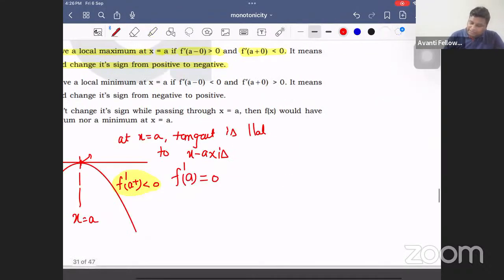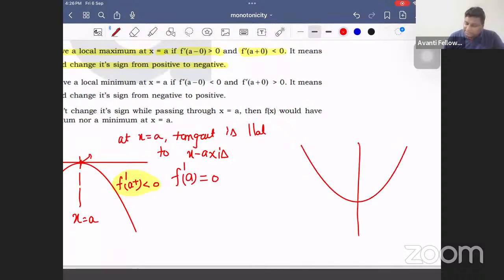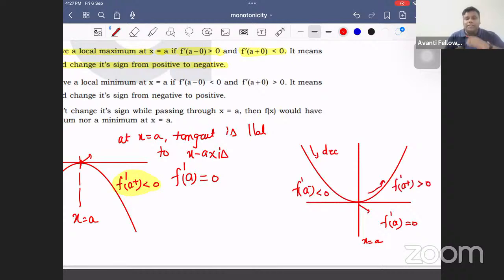Now, let us assume a function is like this. This is x equals a. Again, what is happening exactly at x equals a? Tangent is getting parallel to the x-axis. So f dash a will be 0. Now what is happening in the left of a? f dash a minus: this function is decreasing, so the derivative will be negative. f dash a plus: this function is increasing, so the derivative will be positive.